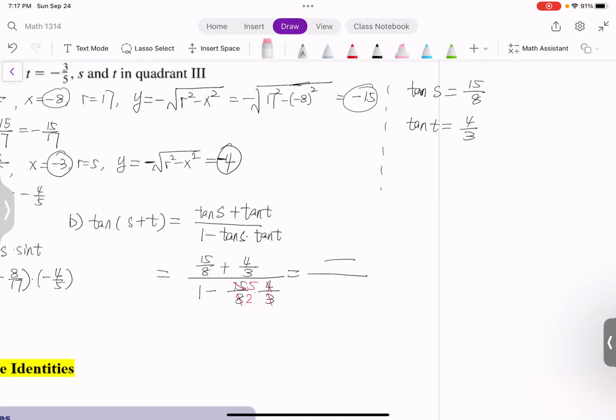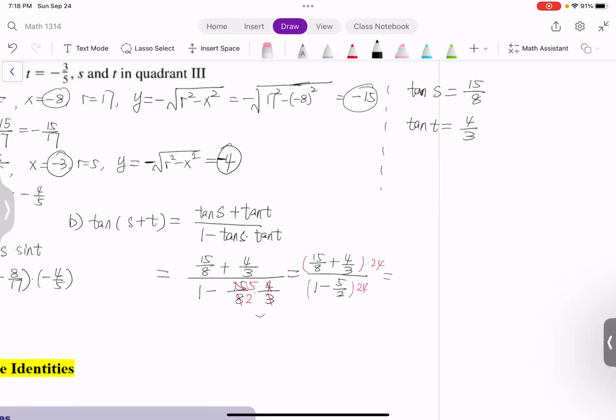Or I copy it and then simplify later, because the first step, I do the simplification here. So 15 over 8 plus 4 over 3, over 1 minus 5 over 2. Let's find the lowest common denominator from the top and bottom. I think the lowest common denominator is 24. So let's multiply the 24 top and bottom.